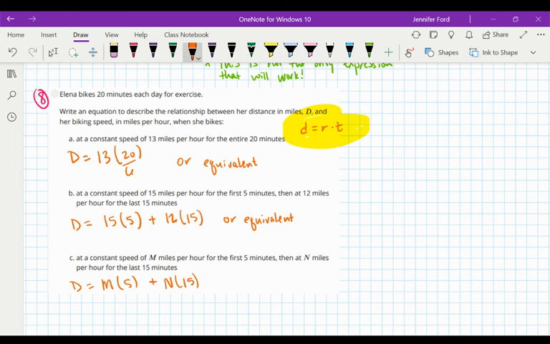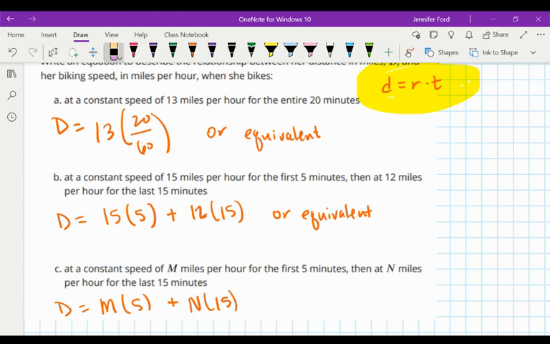Okay. Because I'm doing miles per hour, it should be 13 times 20 over 60. Oh my gosh, I did that for all these. Okay, hold on. So 13 times 20 over 60 or equivalent. You could reduce that fraction if you wanted to. I probably would want to.